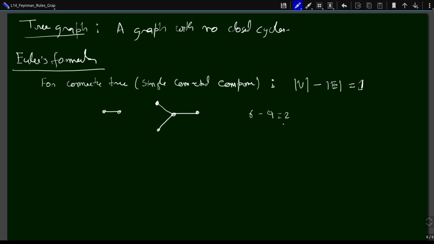But what is this 2? What I had is v minus e is 1 for each component. So when you have multiple components, what happens? For a multiple component tree, v minus e is the number of components.